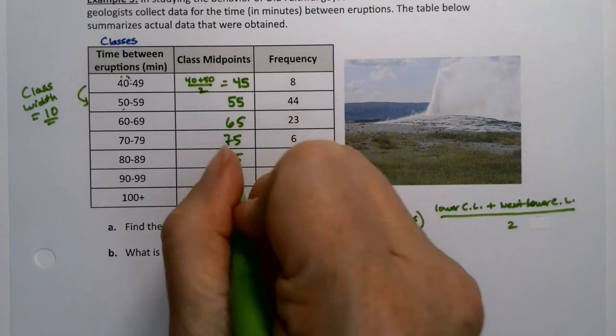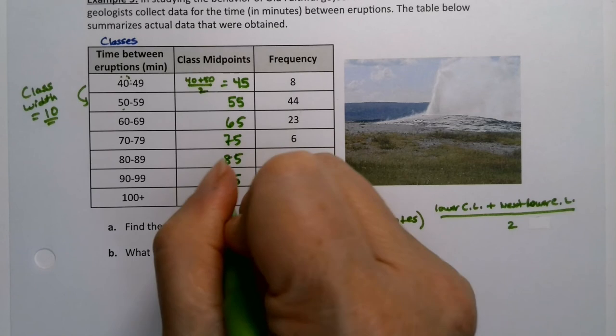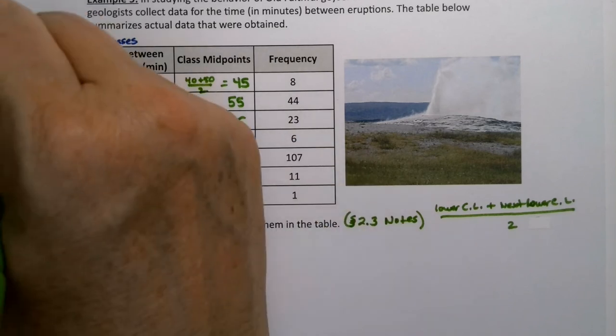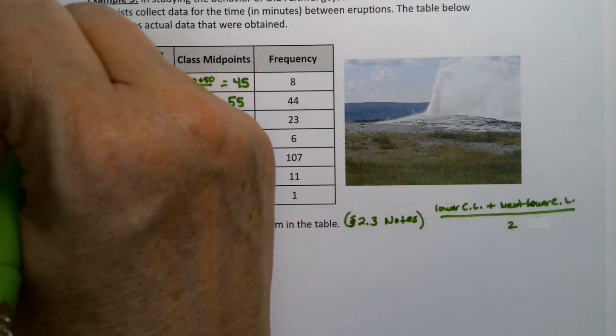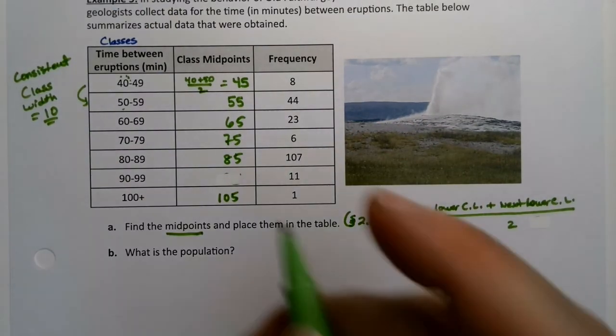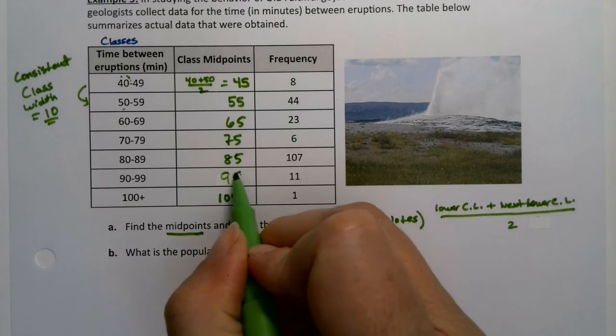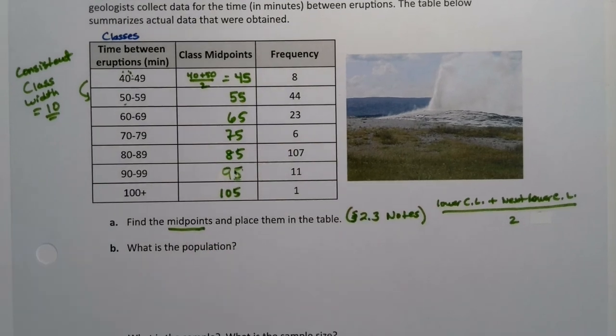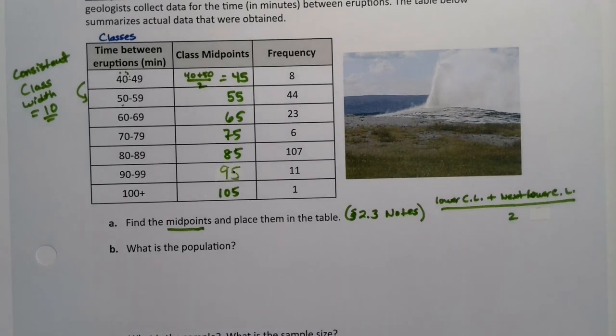That only works if you have a consistent class width, but we do. So I might as well write consistent here. If it's not consistent, you might have to do a little bit more work, a little bit more of that formula part from over here. So we found one using the formula, and then we used the class width to find the rest of them. And there we have it.